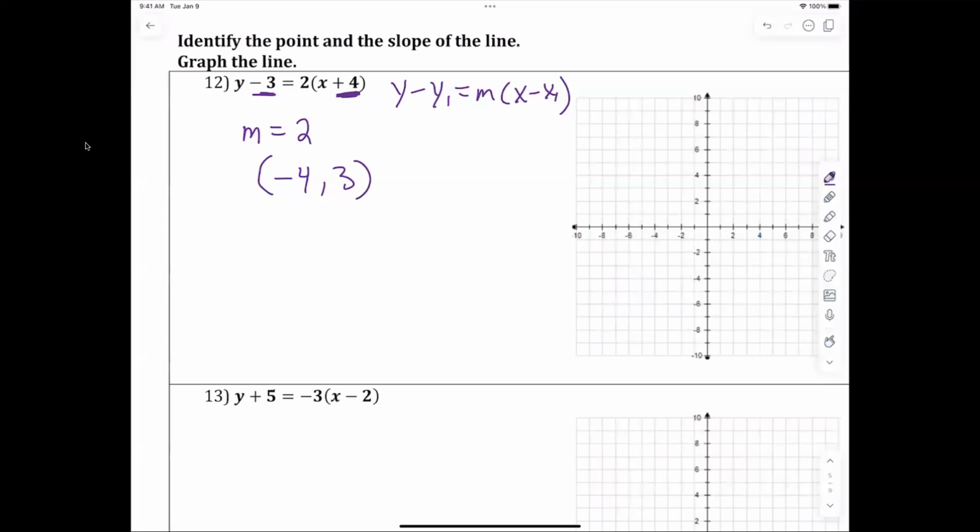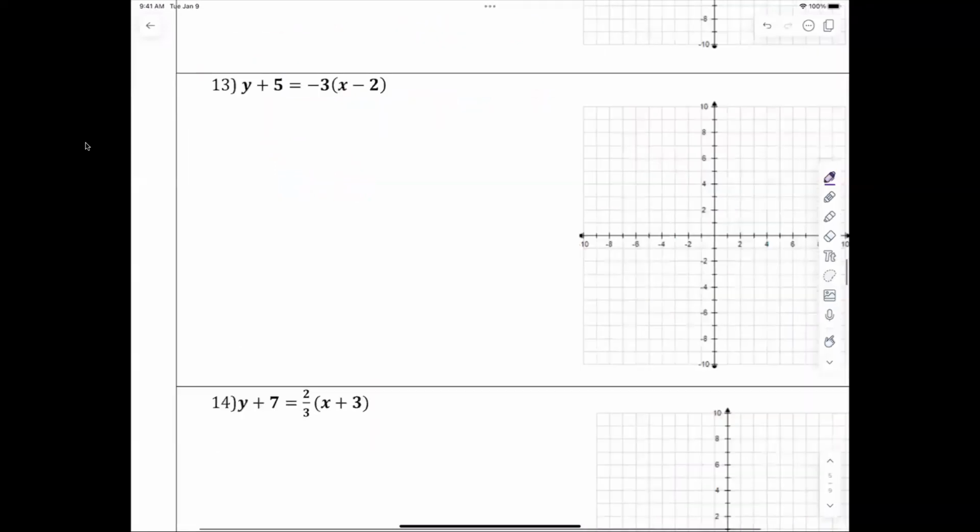Anybody have an issue with that? All right, come on. Evan, 13. What's the slope? Now look, before he tells you the answer, write it down yourself. Write down what the slope is and what the point is, and you can go, wow, I understand what the guy's trying to say. And if you miss it, you need to ask a question. All right, I'm listening.